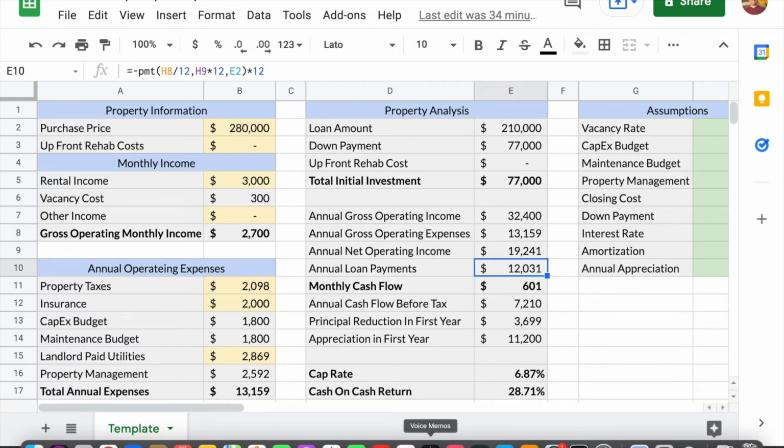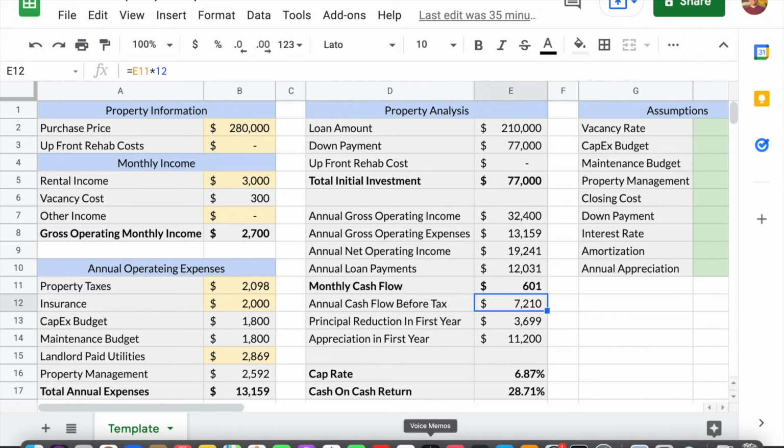Cell E10 shows the annual amount of loan payments based on the down payment percentage and interest rates specified on the right-hand side column. In this case, the annual amount of loan payments is $12,000. Cell E12 shows the annualized cash flow value, which is net operating income shown in cell E7 minus annual loan payments shown in cell E10.